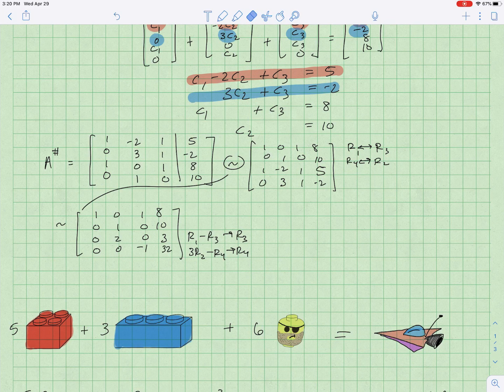Now that's row equivalent to (1, 0, 1, 8), (0, 1, 0, 10), then (0, 1, 0, 3/2), and (0, 0, 1, -32). So what I did was negative row 4 is my new row 4.